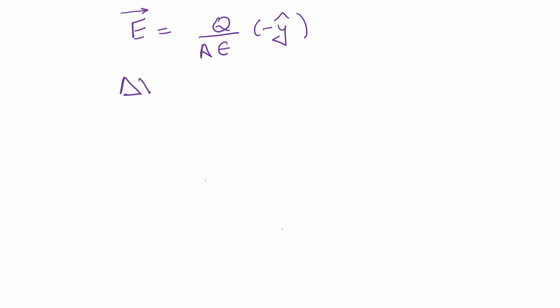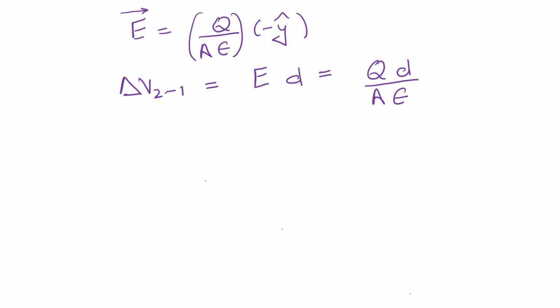And delta V 2 to 1 we had found out to be equal to the magnitude of E times D. Magnitude of E is simply this, so this becomes QD by A epsilon. After that, capacitance is pretty straightforward to calculate. It would be simply Q over delta V 2 to 1, and things cancel out. You get A epsilon by D.